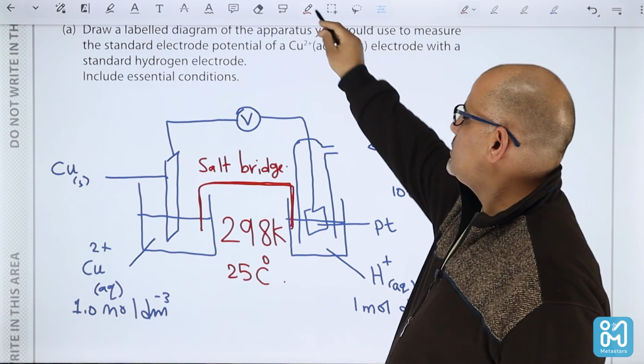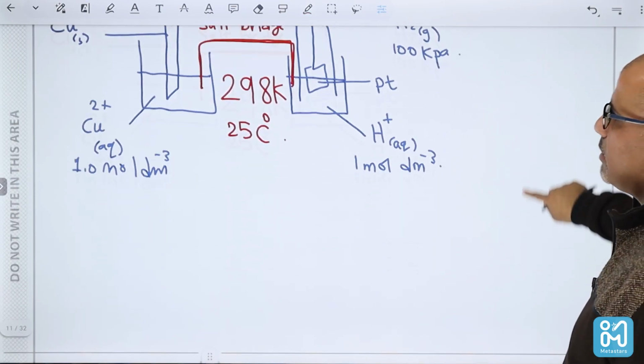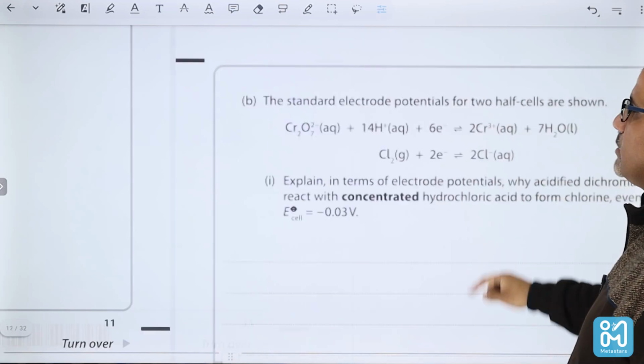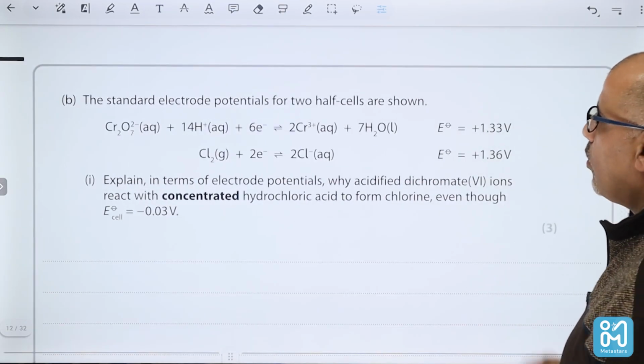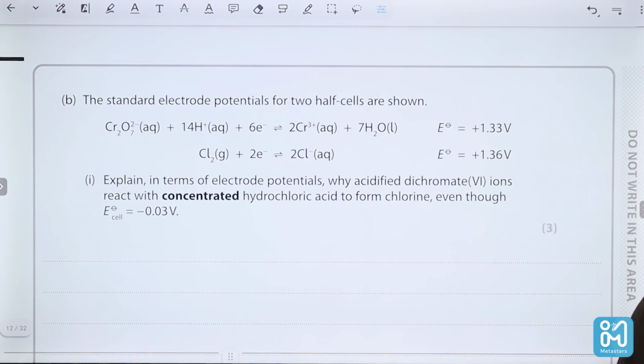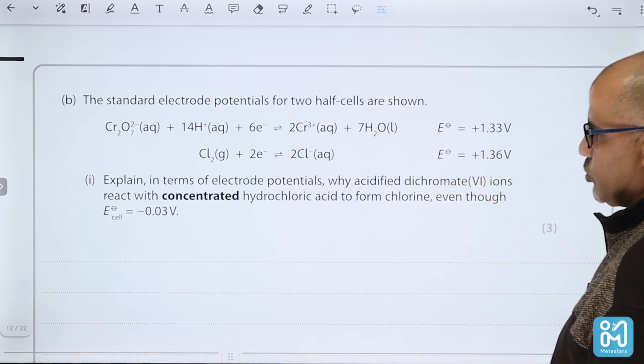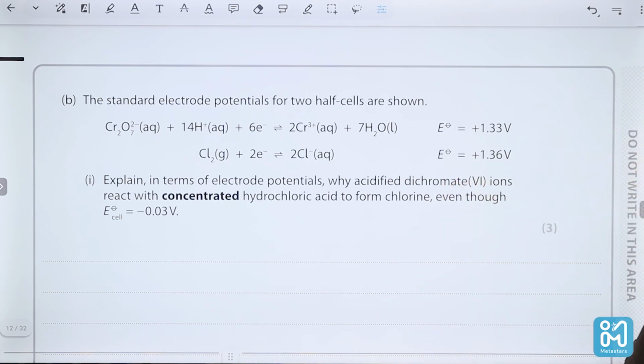Now, what's coming next is this question. The standard electrode potential for the two half cells are shown. You will see the dichromate was changed to chromium 3+, and this is a reduction, and its electrode potential is positive 1.33 volts. For Cl2 plus 2 electrons to 2 chloride ions, the electrode potential is 1.36 volt.